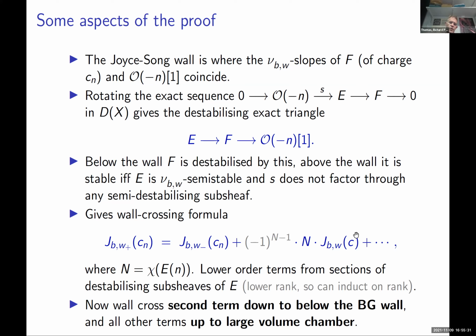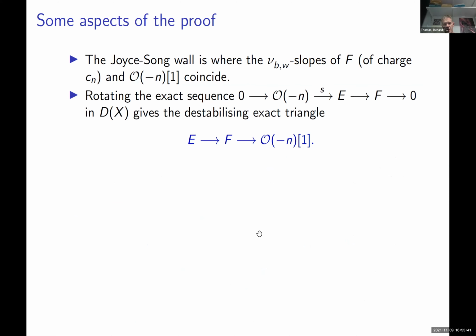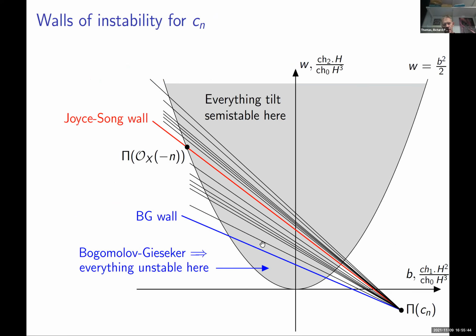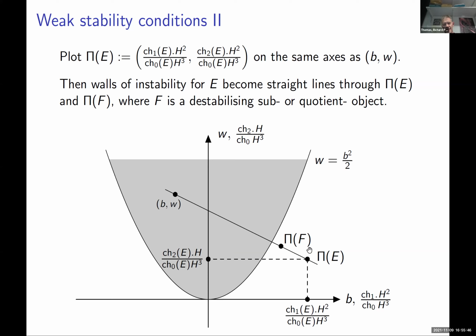Well, what you do is use the BG inequality, together with one key thing that Soheyla taught. As you move along this wall here, these objects E and F, if they're semi-stable, let's take E, suppose E is semi-stable, and I'm on a wall here. As I move B and W along this wall, this is a very long wall inside this parabola because N is huge.